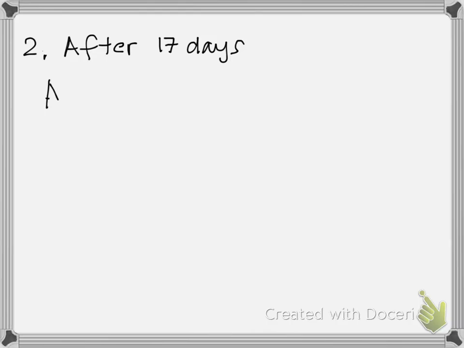So I can just say that A of 17 is equal to 200 times 1/2 to the 17 over 8. And then that's just a calculator entry, which I'm not even going to do. I'll leave that for you, but we would get a decimal approximation. That's simple. Once we have the model, we just plug in for the t, and we've got it.